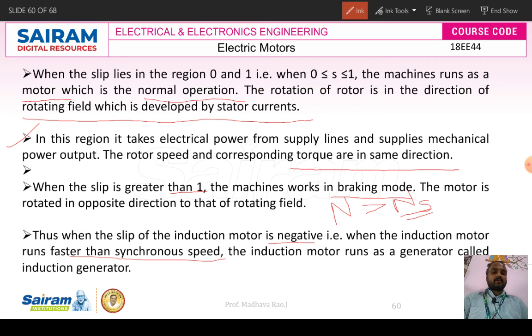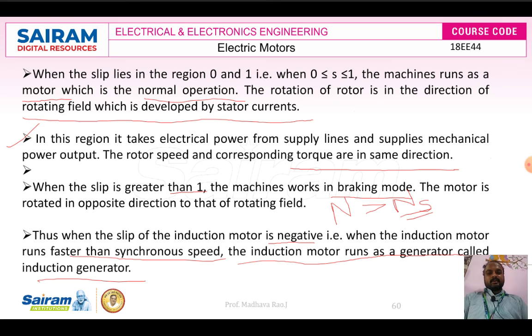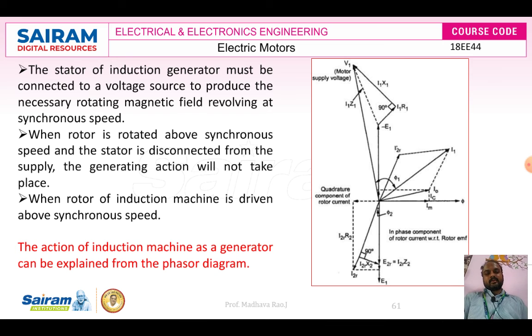It runs faster than synchronous speed, and then the induction motor runs as a generator, called an induction generator. So in this region, the induction motor works like an induction generator. These are the details of how an induction motor works as an induction generator. When slip is negative, it works as an induction generator.